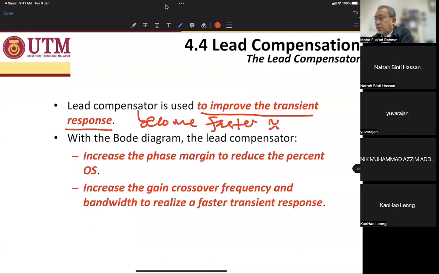And this is equivalent to the PD controller in time domain. So with the Bode diagram, lead compensator will increase the phase margin and reduce the overshoot percentage.